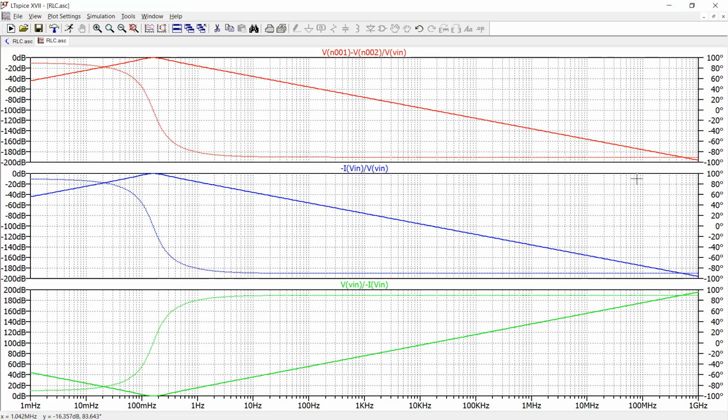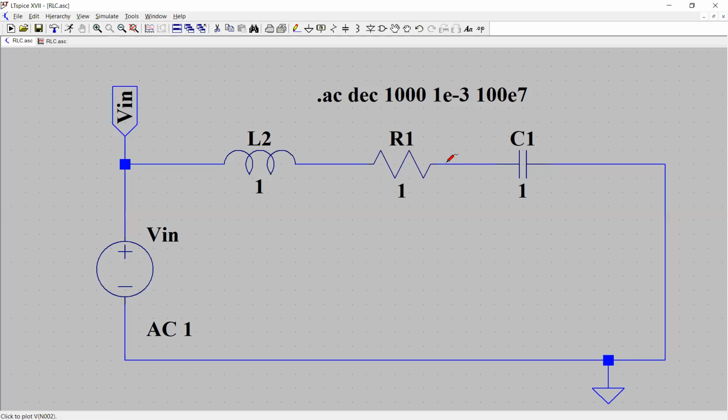Okay, finally, let's take a look at this one. This is the difference between the two node voltages divided by the input voltage, that is VNO01 minus VNO02. That is nothing but the voltage drop across this resistor. In theory, remember we calculated the voltage drop across the resistor and divided by the value of the AC voltage Vin.